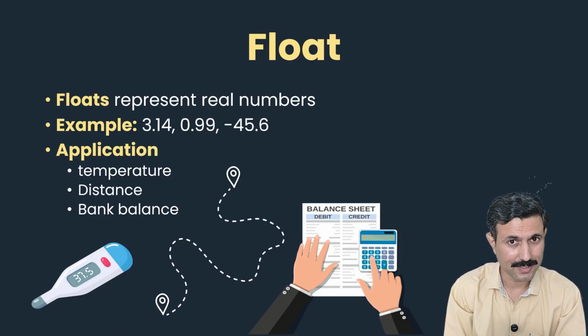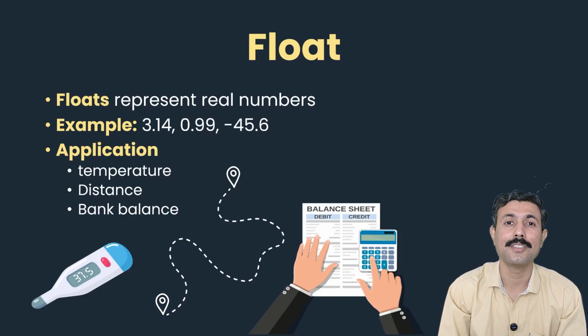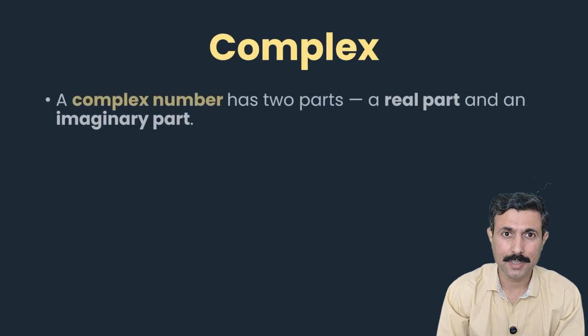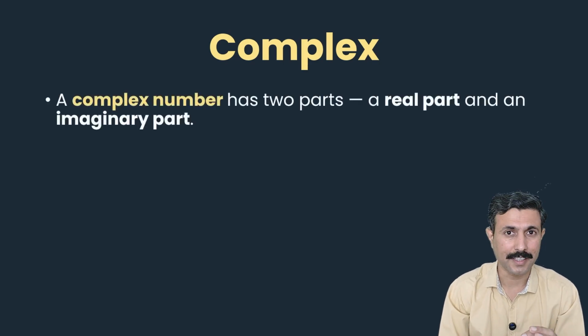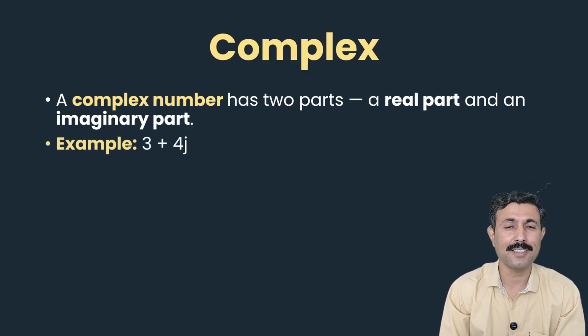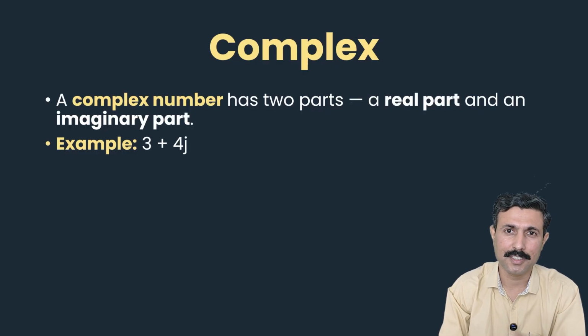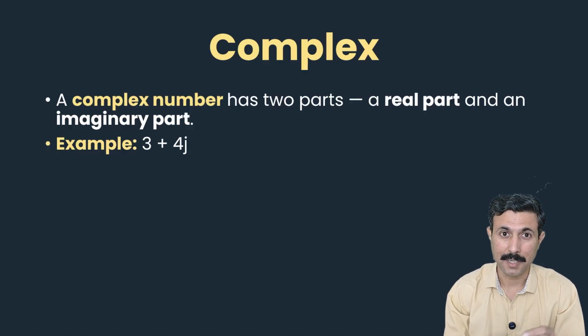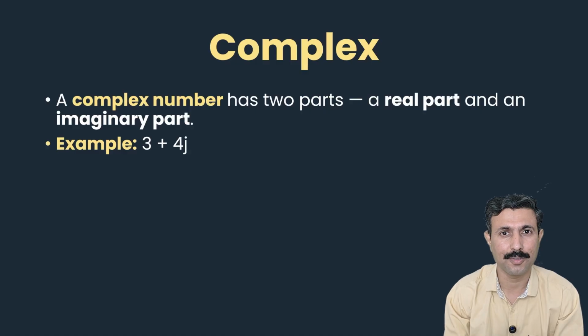And after this comes something a bit more mathematical, and that is the complex number. A complex number has two parts, a real part and an imaginary part. In Python, it is written as a plus bj. For example, 3 plus 4j. Here a is the real part and b is the imaginary part. So 3 is the real part and 4 is the imaginary part.